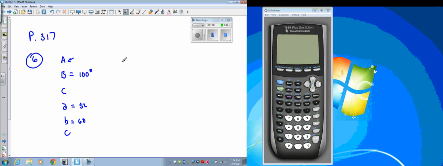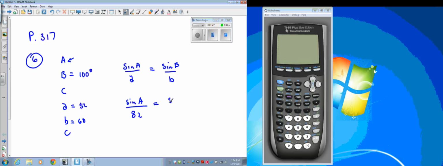Because we could use the alternative law of sines: sine A over A equals sine B over B. Sine A, we do not know what that is, but we do know what A is, 82.